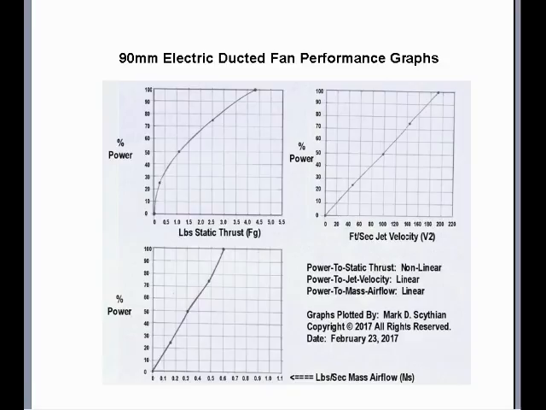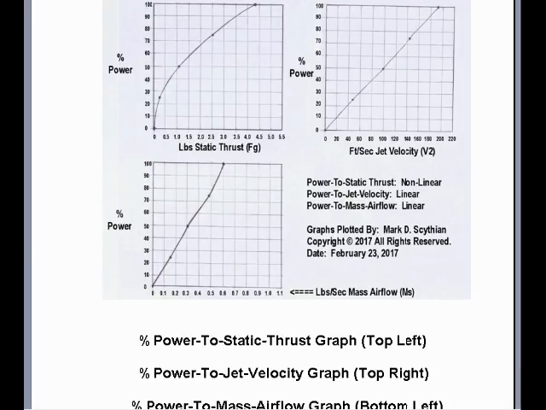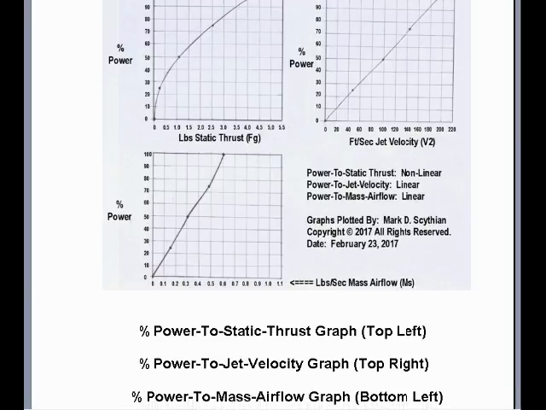90mm electric ducted fan performance graphs based off the calculations, we have the top left graph, which represents percent power to static thrust, the top right, which represents percent power to jet velocity, and the bottom left graph represents power to mass airflow graph.